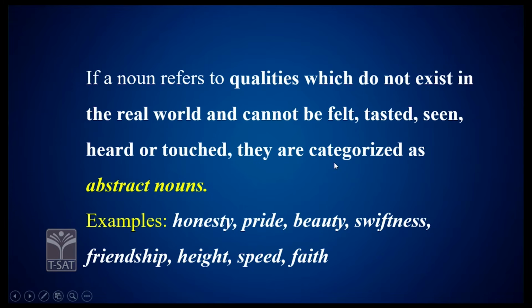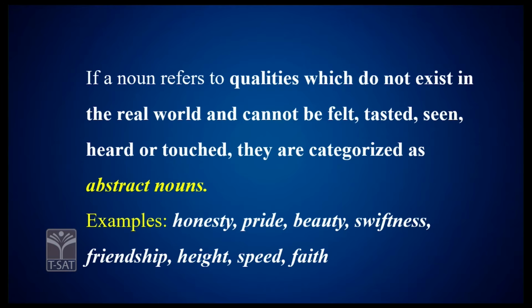Then the next one, abstract noun. If a noun refers to qualities which do not exist in the real world and cannot be felt, tasted, seen, heard or touched, they are categorized as abstract nouns.